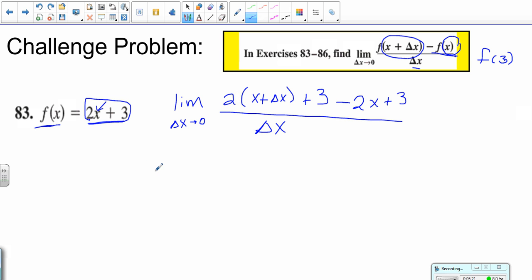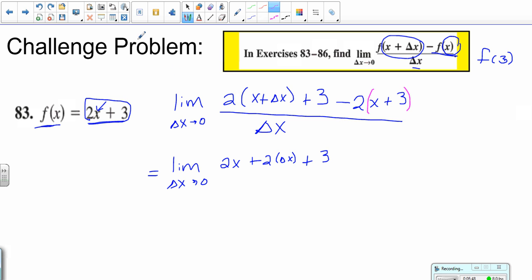We've got some simplifying to do. So the limit as delta x heads to 0, distribute the 2 through, we'd have 2x plus 2 times delta x, and this delta x really is like a single variable. It represents a single number, plus 3. Minus, and I really shouldn't have written it the way I did. We need parentheses, don't we?